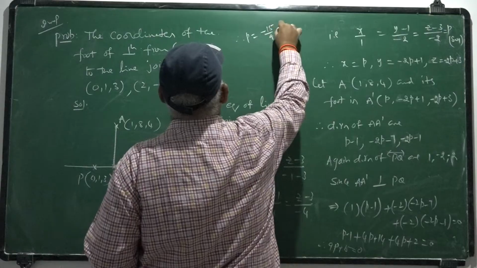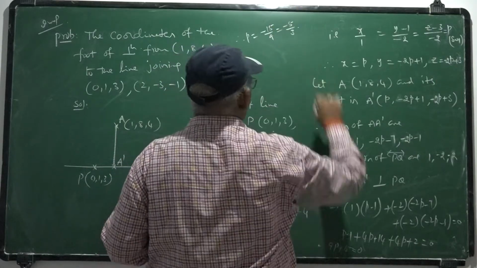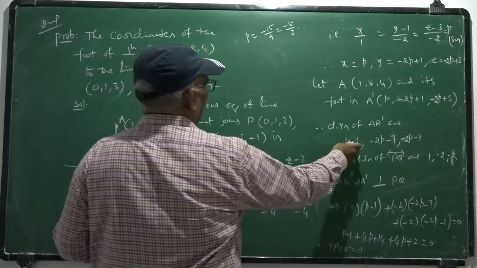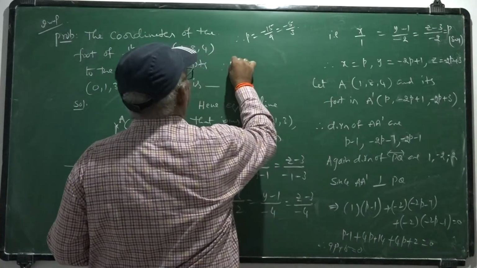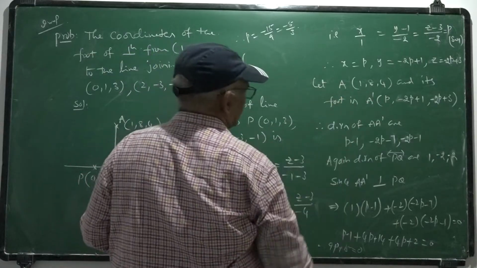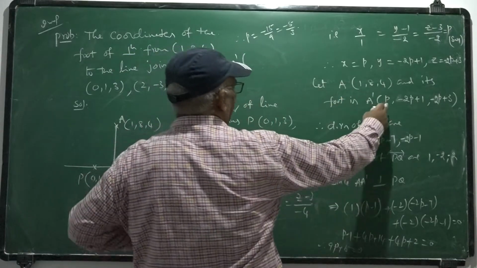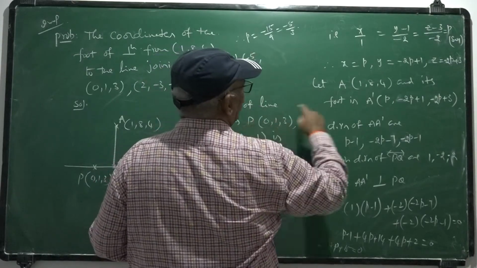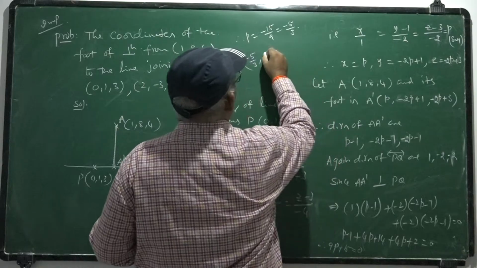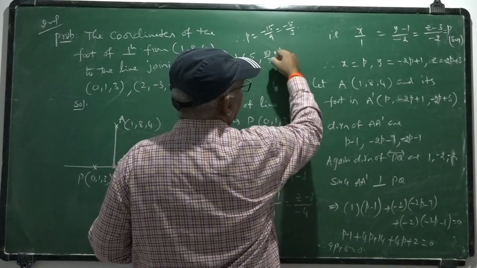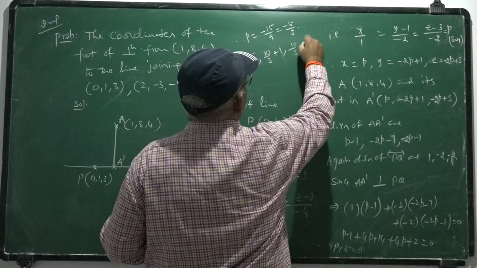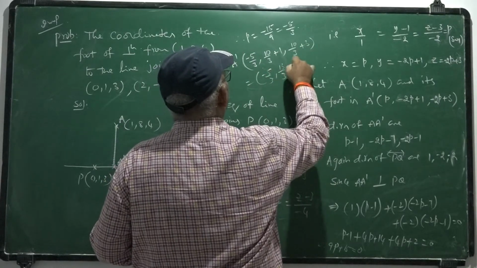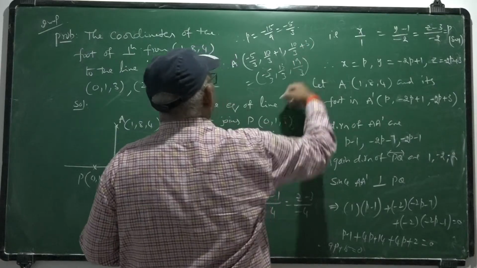-15/9, which is -5/3 itself. Once P is known to us, we can find A dash, the foot. P means here -5/3. -2P + 1 is 10/3 + 1 = 13/3. -2P + 3 is 10/3 + 3 = 19/3. So A dash is (-5/3, 13/3, 19/3).